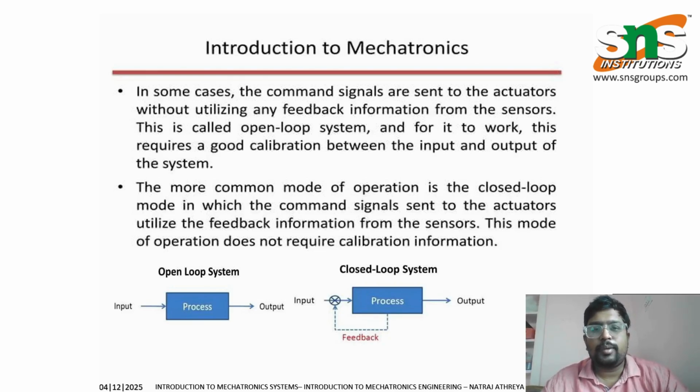The more common mode of operation is closed loop, where the command signals sent to the actuators utilize the feedback information from the sensors. It will not require calibration information because we already programmed it in.